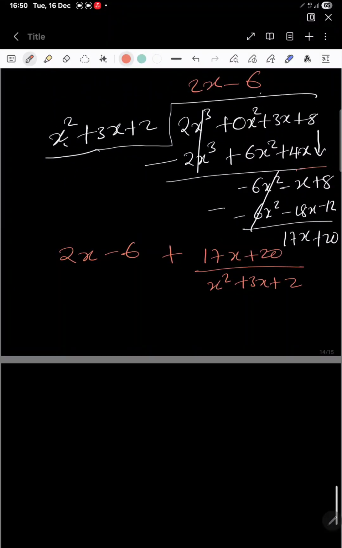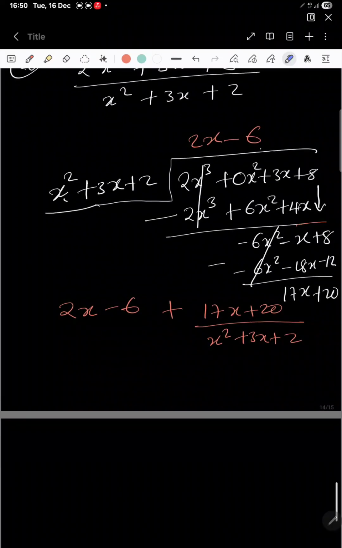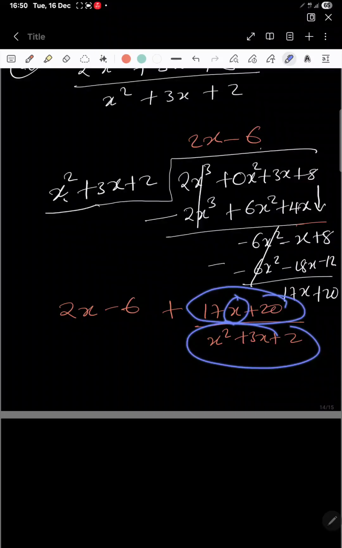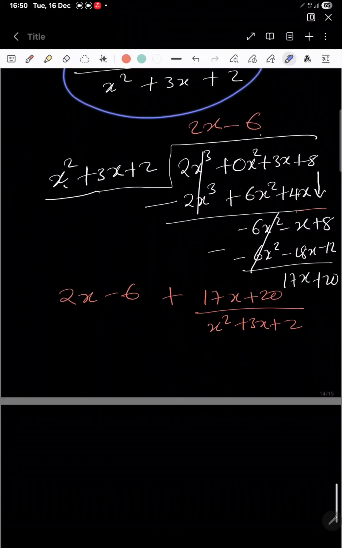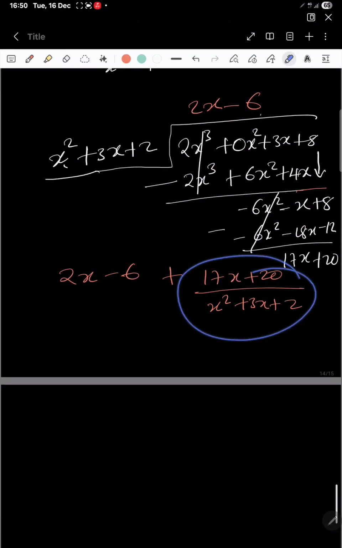So that means that now we've reduced the improper fraction to a proper fraction, where the smaller power is on top and the bigger power is down.